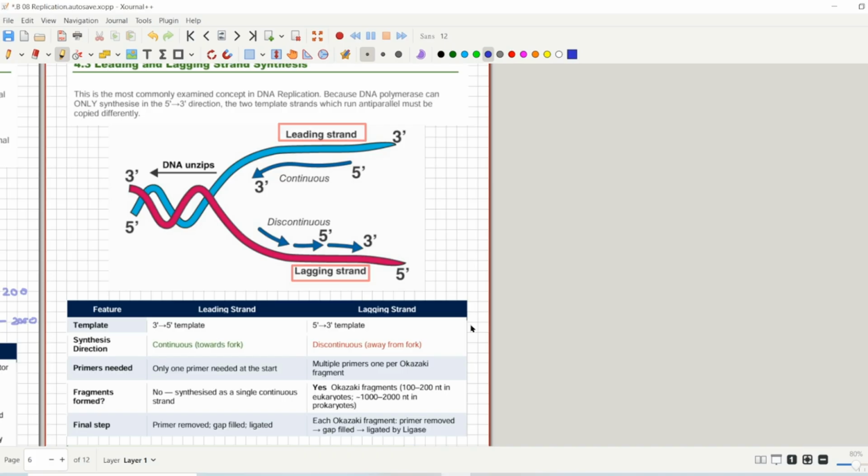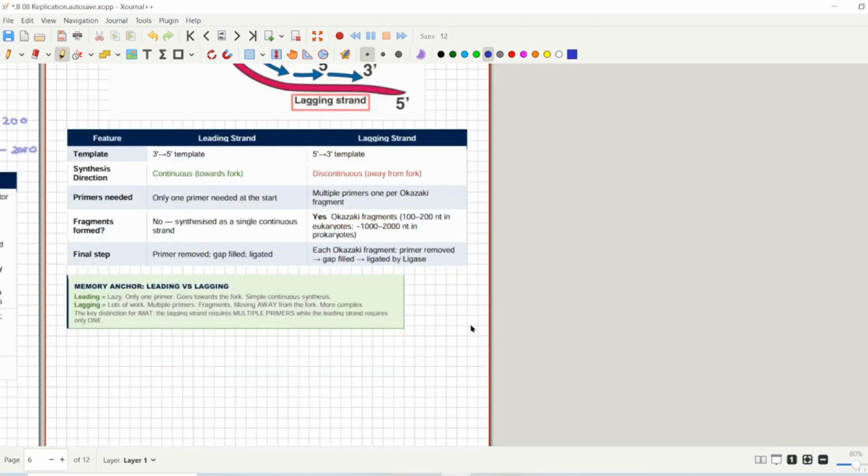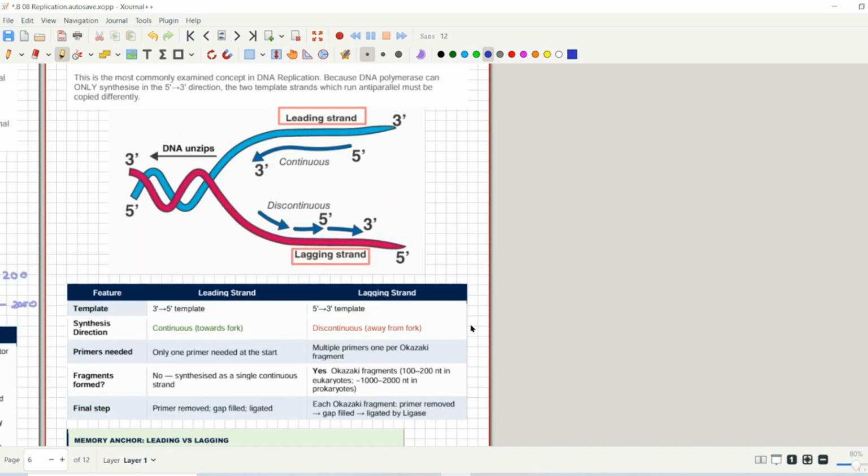And for the lagging strand, each Okazaki fragment will have its primer removed, the gap will be filled, and it will be ligated by ligase at the end. So these are the differences between leading and lagging strands. You have to take a mnemonic here. Leading is for lazy, so it will only have one primer, while lagging contains lots of work, so it will have multiple primers. This is the thing that you have to keep in mind. So this was about leading and lagging strands.